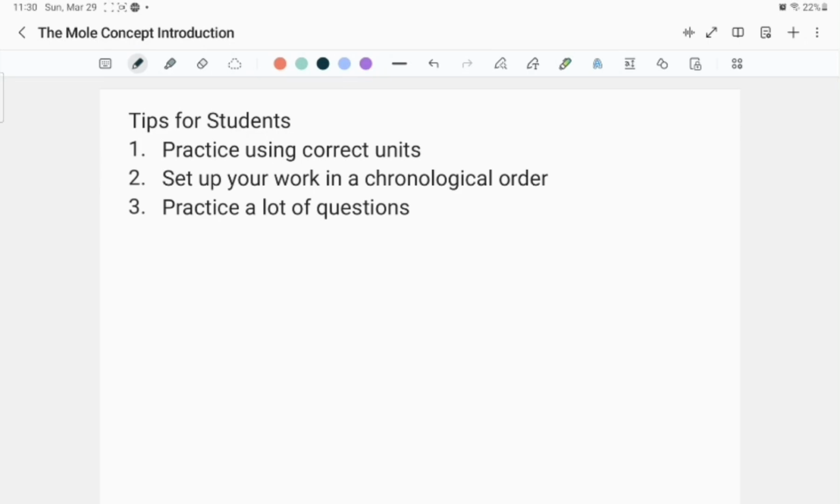Even if you make a mistake, you could revisit your work to see the mistakes or loopholes in your calculations. And practice a lot, as the old saying goes, practice makes perfect. Get acquainted with these formulas, so you will know how to approach questions like this, or more challenging questions governing the mole concept.